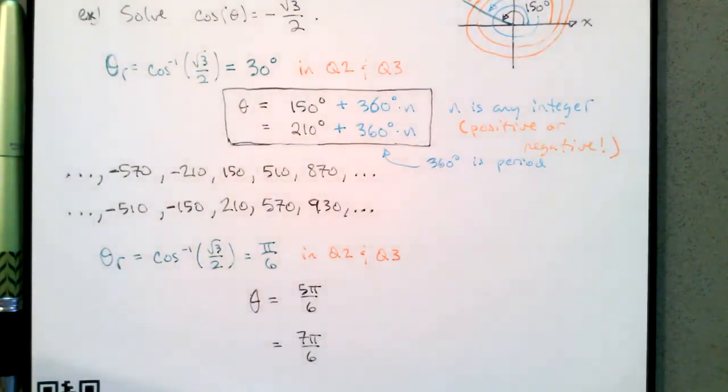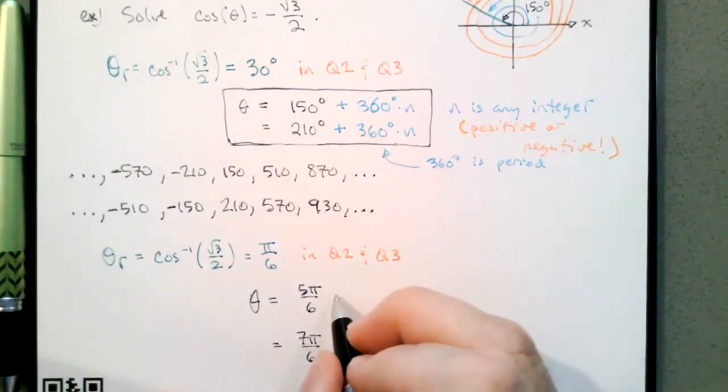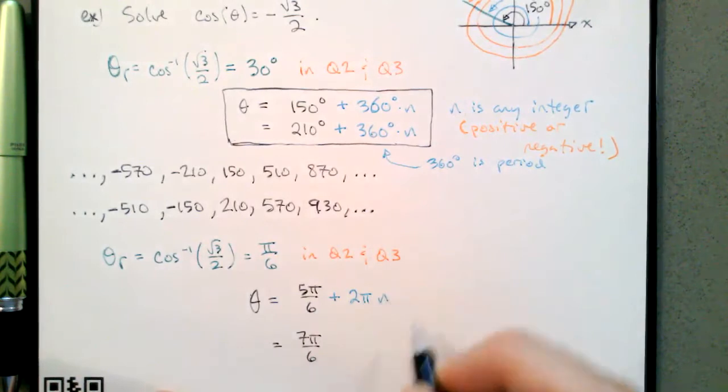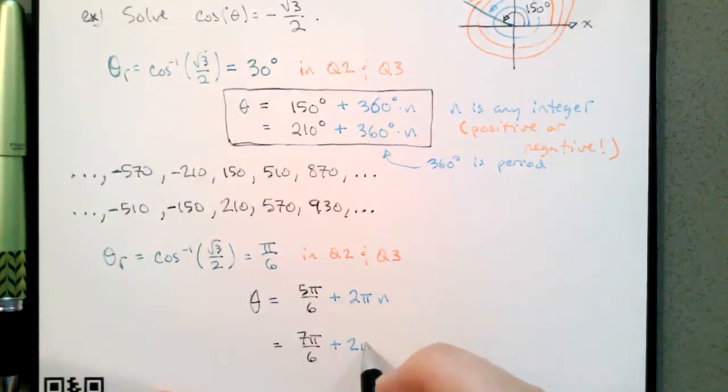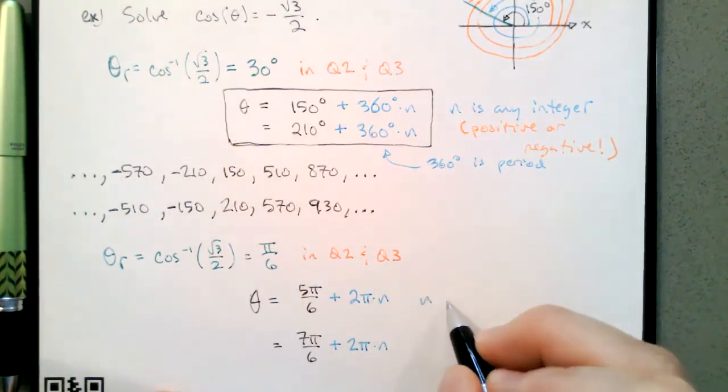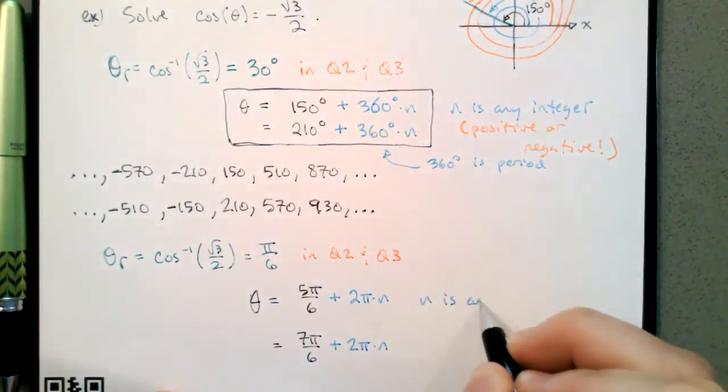But now we're going to add integer multiples of the period. But now the period, since we're in radians, is not 360. The period is 2 pi. So we'll add 2 pi times n, where n is any integer.